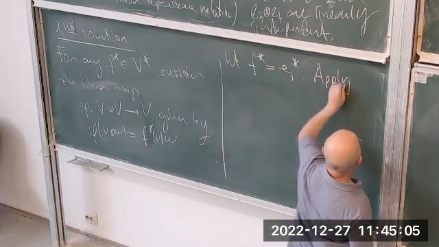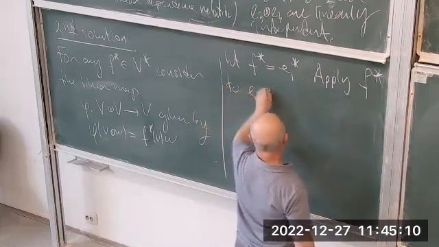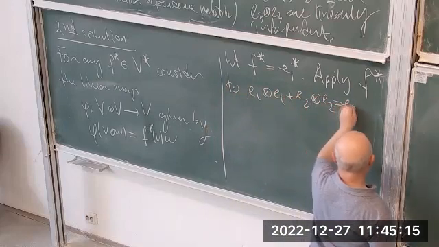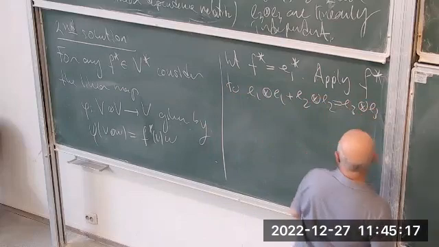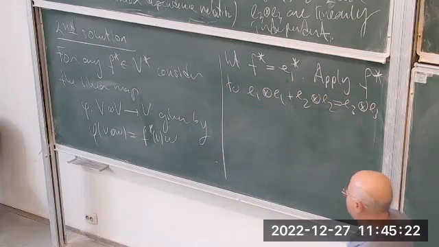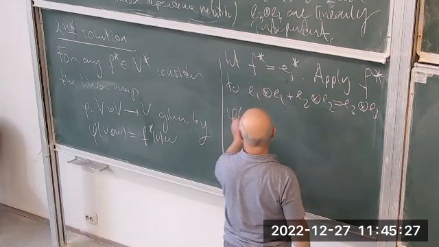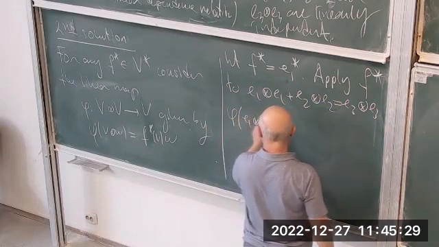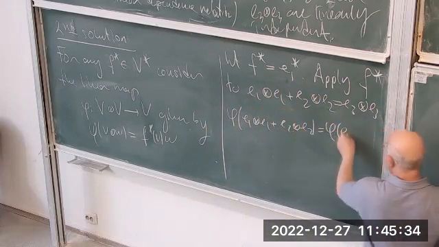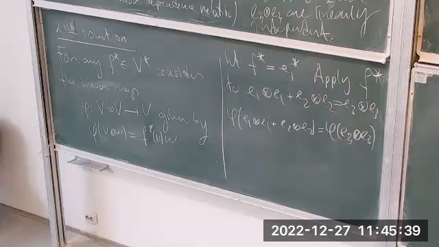Apply phi to e1 tensor e1 plus e2 tensor e2 equals e3 tensor e3. So phi of e1 tensor e1 plus e2 tensor e2 equals phi of e3 tensor e3, right?